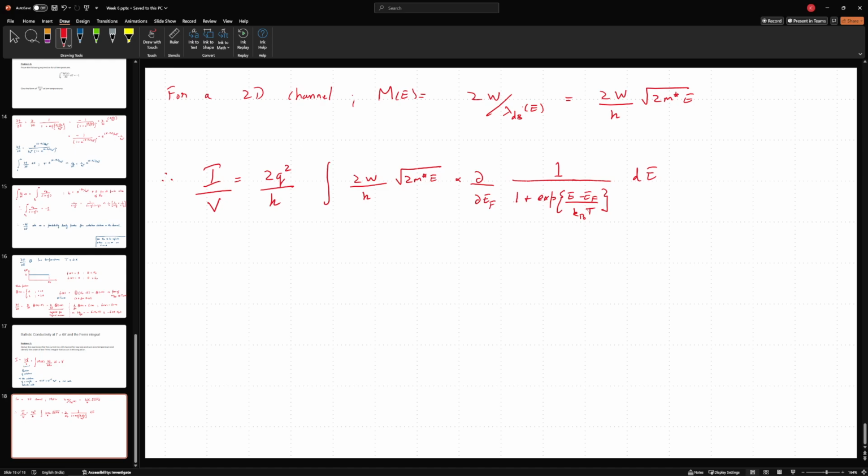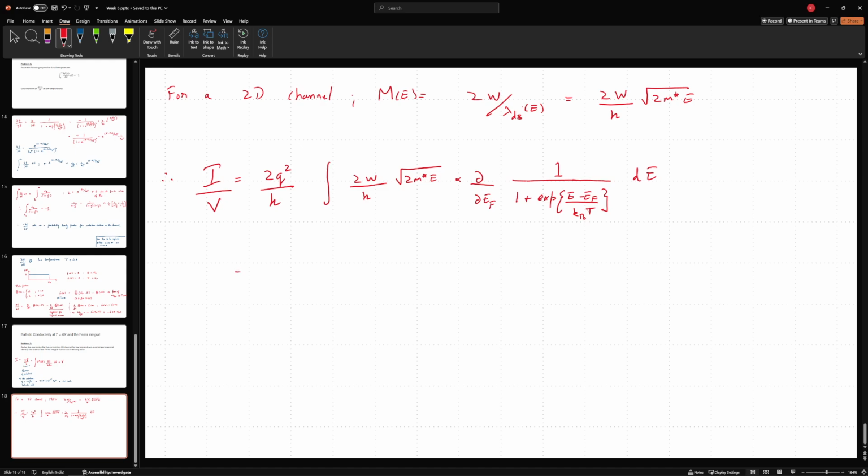Now, this partial derivative is independent of this integration, so I can move it out of my integration. I can do it after the integration as well, because these are two independent operations which I can perform interchangeably. So let me extract all the constants out of this first.